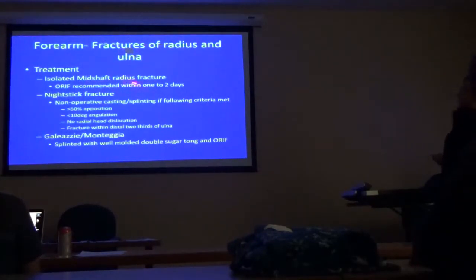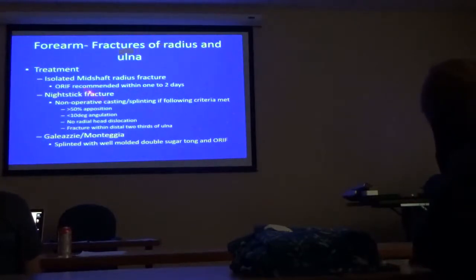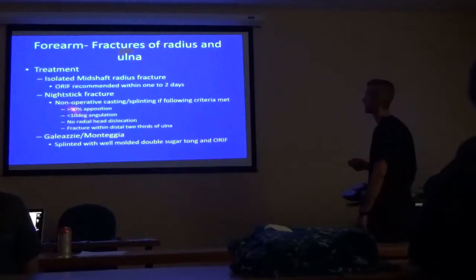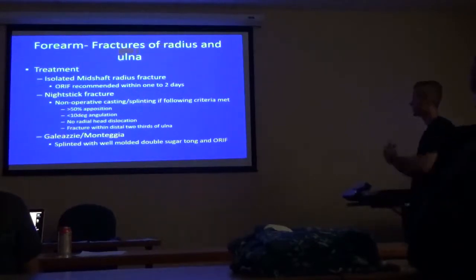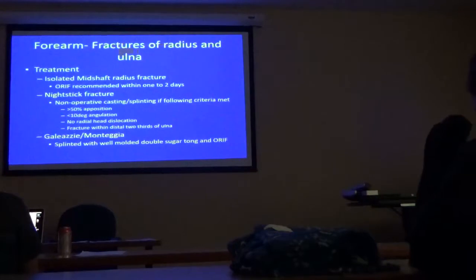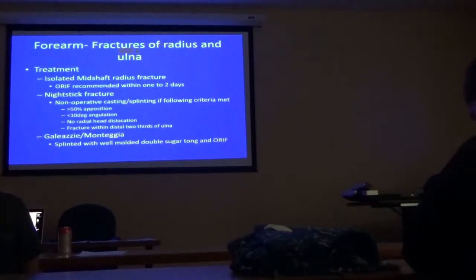Anyways, isolated midshaft radial fracture, ORIF, recommended within 1 to 2 days. Nightstick fracture, non-operative casting or splinting if the following criteria are met. Greater than 50% apposition, so that's how the bone fracture segments line up. At least greater than 50% of it has to be in line.